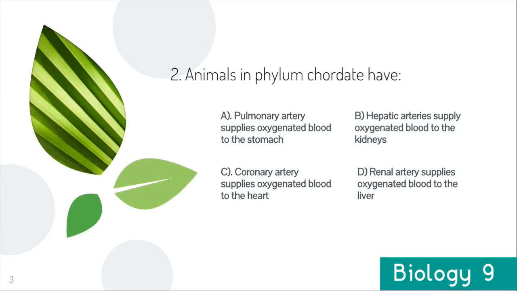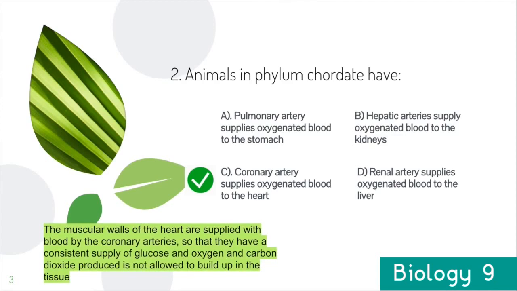And the correct answer is C. The muscular walls of the heart are supplied with blood by the coronary arteries, so that they have a constant supply of glucose and oxygen, and carbon dioxide produced is not allowed to build up in the tissue.